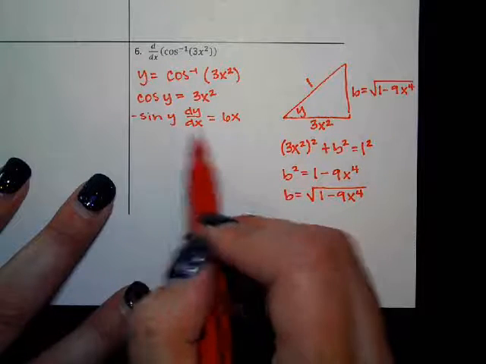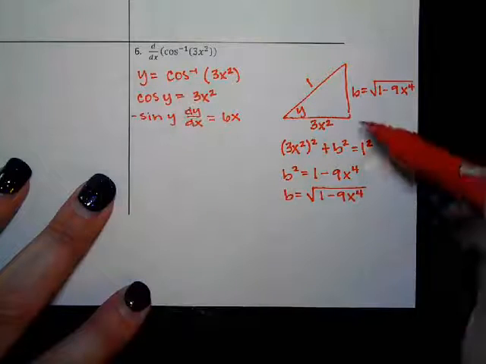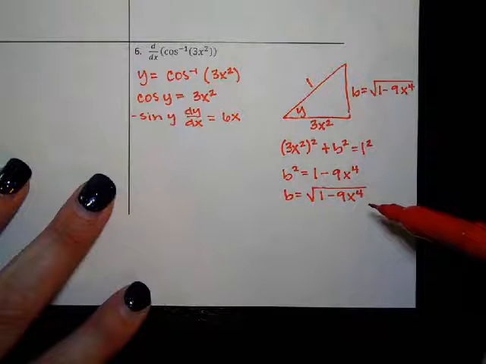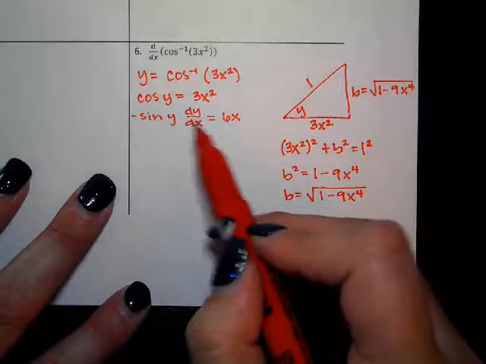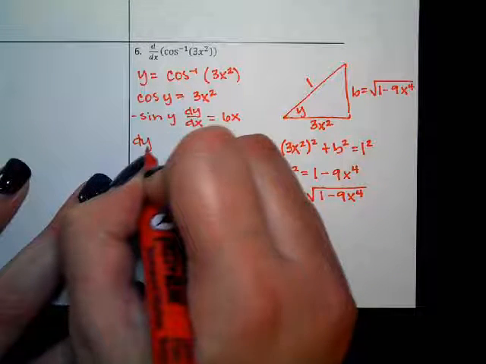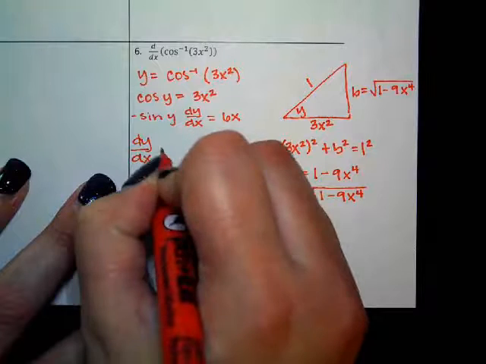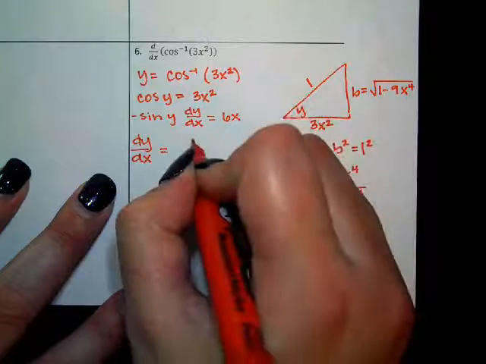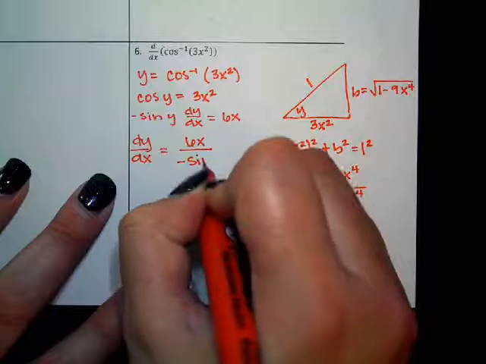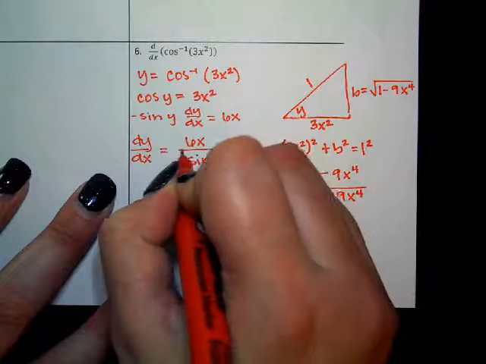So you guys had said something, I had kind of ignored you as I was finishing the triangle over here. Divide by negative sine y, and what's the purpose of doing that? To isolate the derivative, so we have 6x over negative sine y, and that's getting the dy dx all alone.